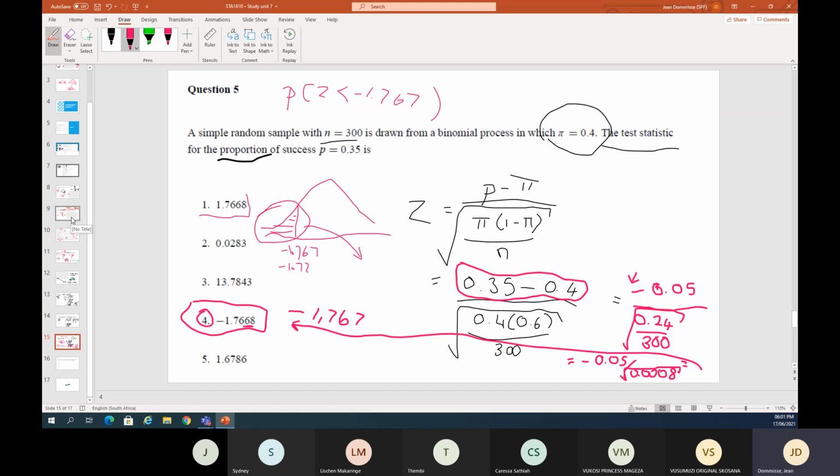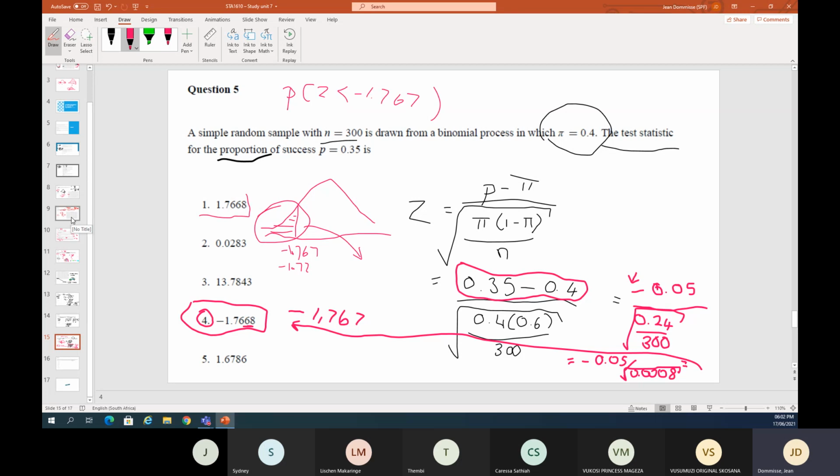But for the proportion, very similar to the mean, you work out that Z value, and then you go to the Z table and get your probability.